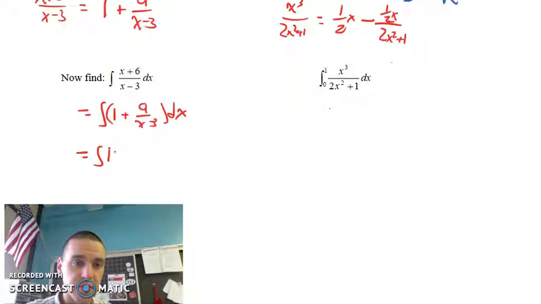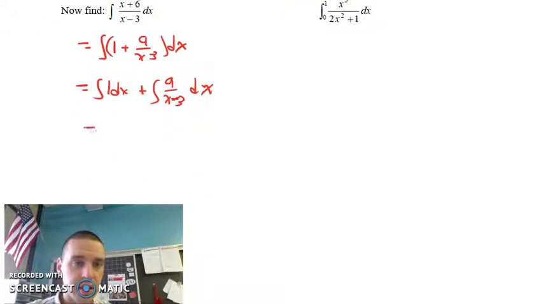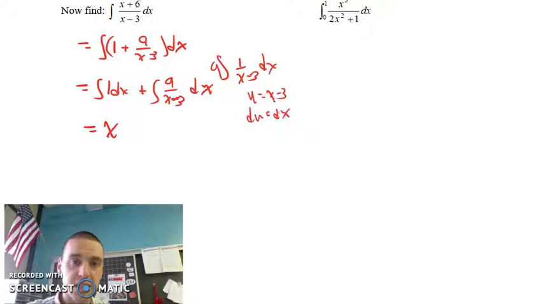Well, I know that's the integral of 1 dx plus the integral of 9 over x minus 3 dx. And I can say that is equal to x. In this one, I can bring a 9 out, so I could really rewrite that as 9 times 1 over x minus 3. If I let u be x minus 3, du be dx, you'll notice I get 1 over u.